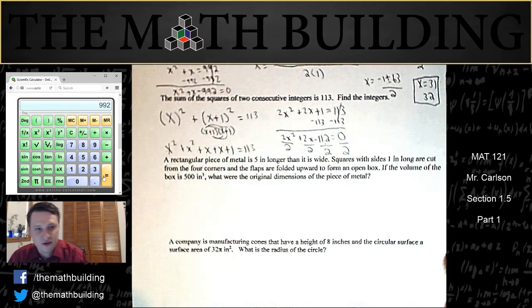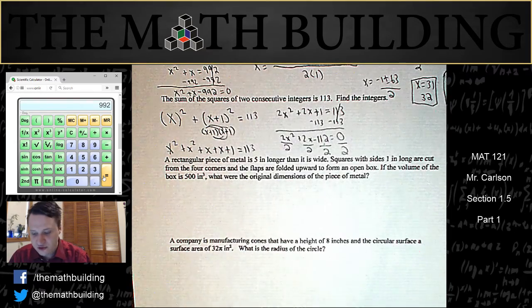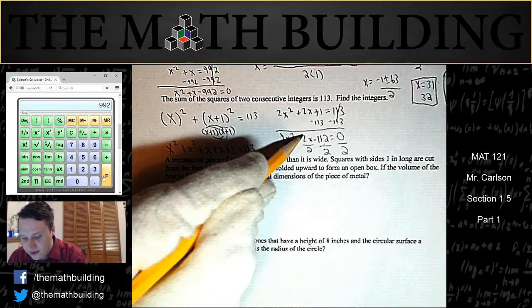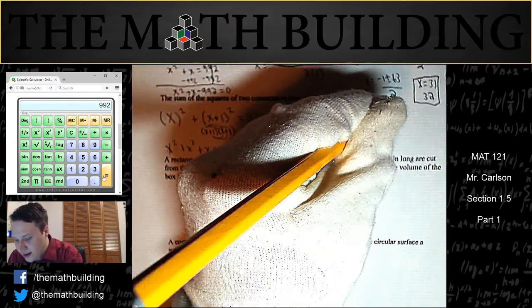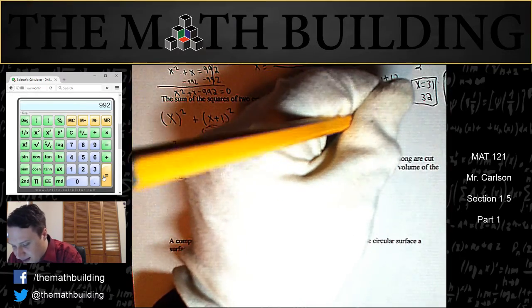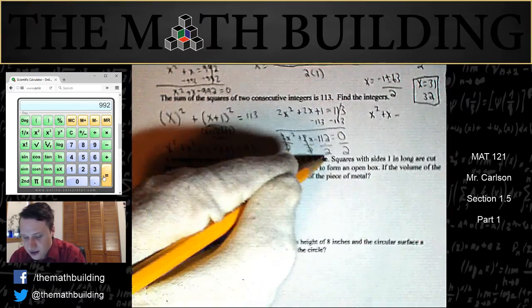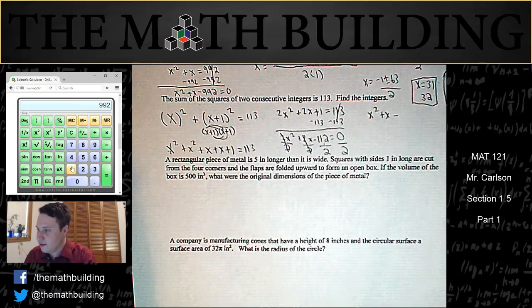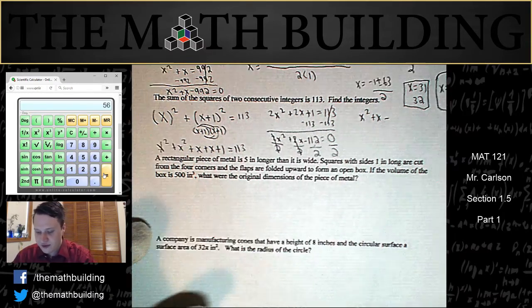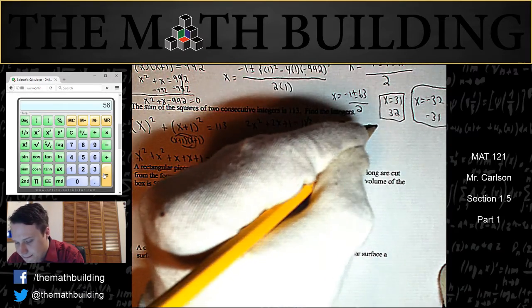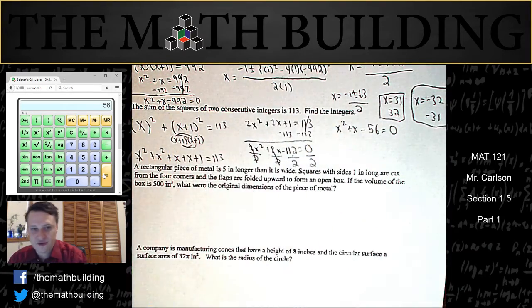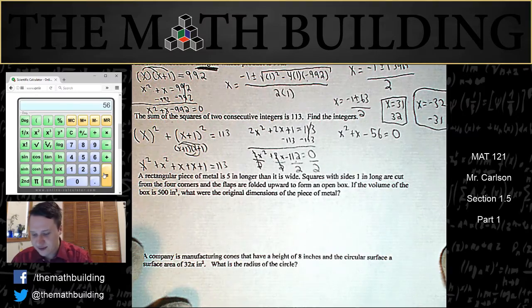And remember, we need to do that to each term. So what we're going to get is these 2's will cancel, these 2's will cancel. So I get x squared plus x minus 112 divided by 2 is 56 equals 0. So let's see if this works.